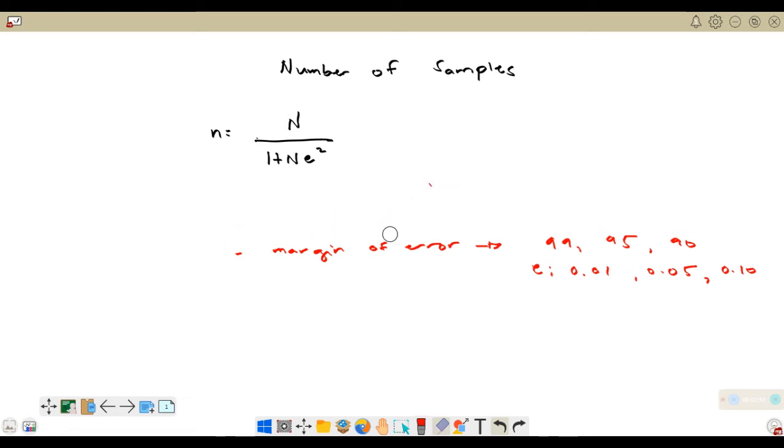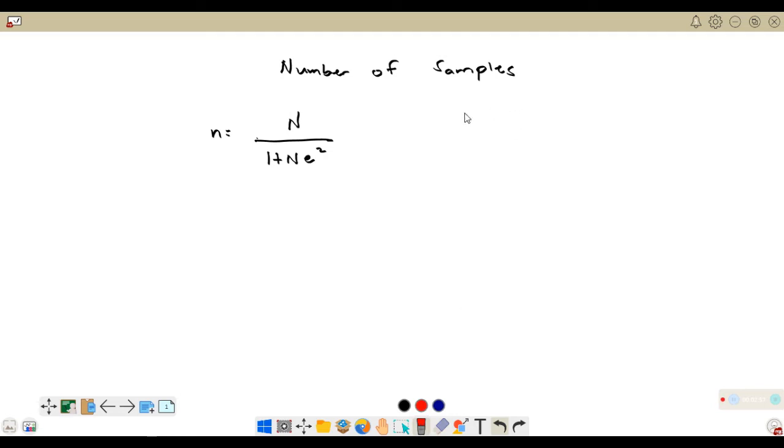Okay, so this time, let's have an example. So halimbawa, maglalagay tayo ng isang research sa college students of PSBC. So now that we already identified our population, ayan.